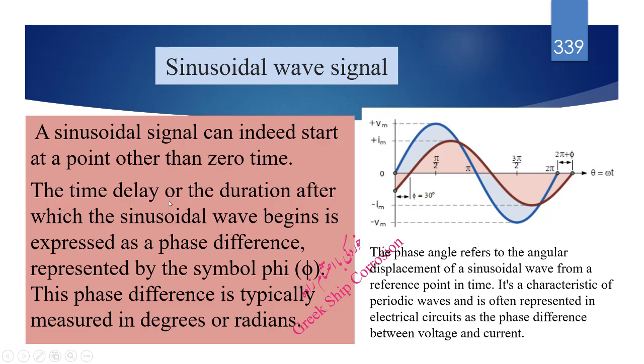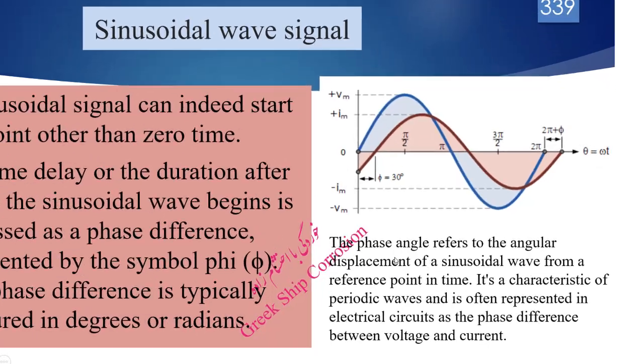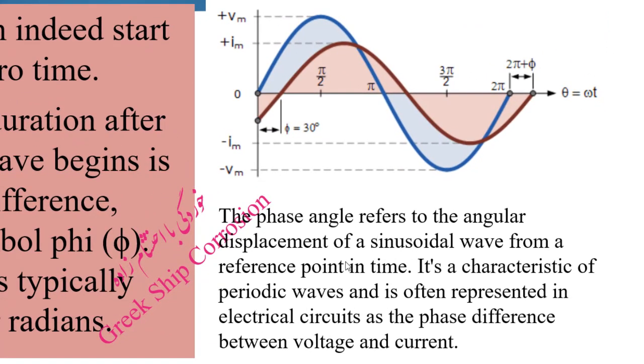Sinusoidal wave signal. A sinusoidal signal can indeed start at a point other than zero time. The time delay or the duration after which the sinusoidal wave begins is expressed as a phase difference, represented by the symbol phi. This phase difference is typically measured in degrees or radians. The phase angle refers to the angular displacement of a sinusoidal wave from a reference point in time.